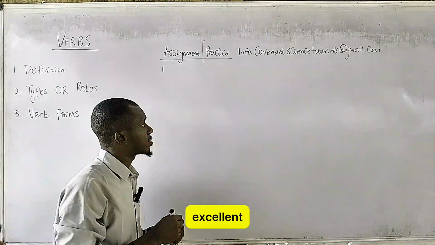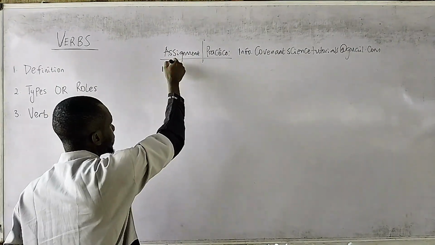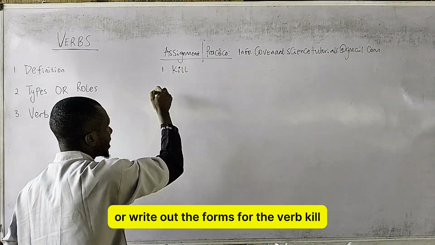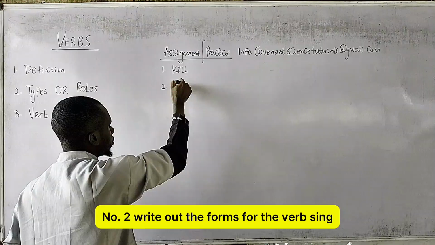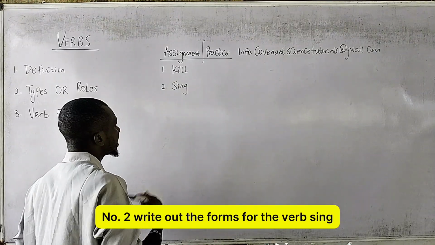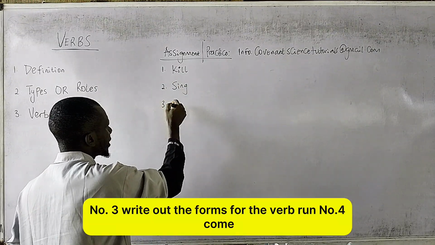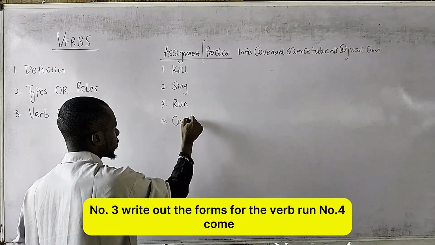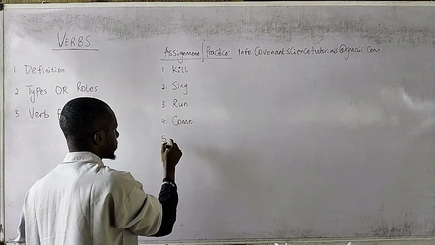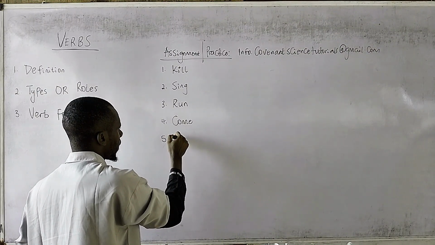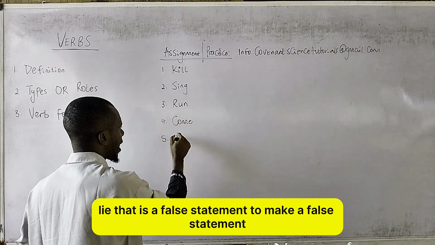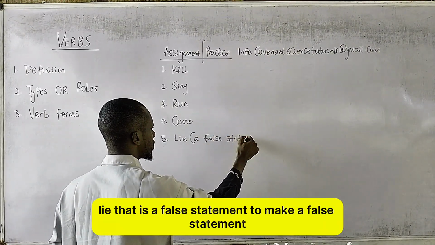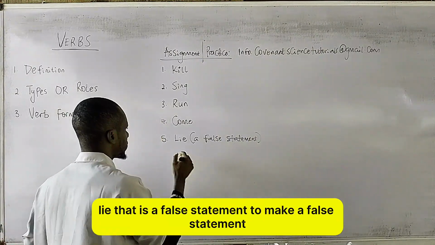Excellent. Number 1, write out the forms for the verb kill. Number 2, write out the forms for the verb sing. Number 3, write out the forms for the verb run. Number 4, come. Number 5, lie, that is a false statement, to make a false statement.